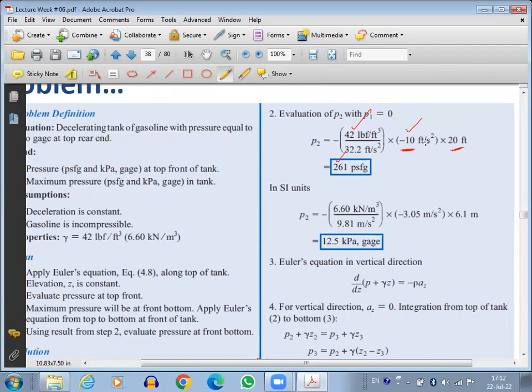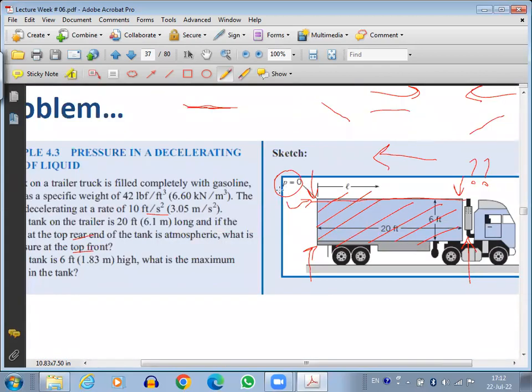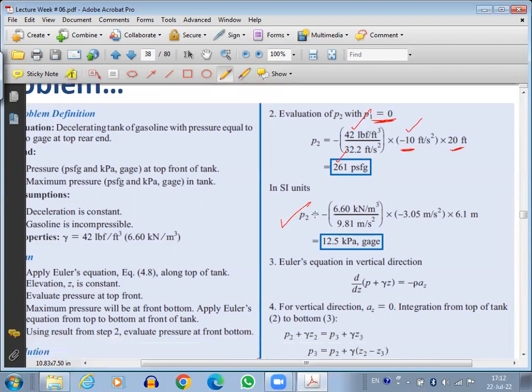Because we are moving from the rear end to the front end, if you substitute the values, you're going to get P2. P1 will be 0 because P1 is the atmospheric pressure, which is mentioned as the gauge pressure to be 0. Okay. This is also done in SI units. So you get P2.